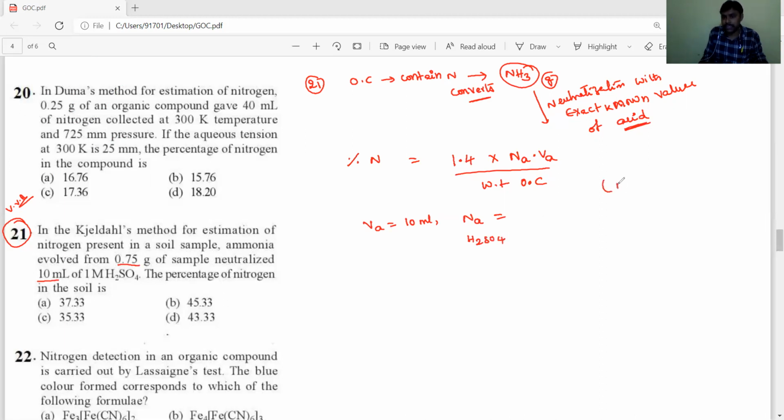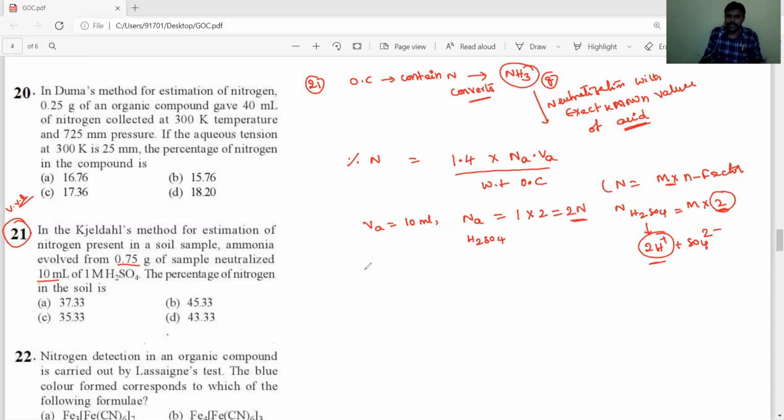We know very well, dear students, normality is equal to molarity into N factor. The normality of H2SO4 is molarity into 2, because H2SO4 in aqueous solution ionizes to give 2H+ ions and SO4 2-. That's why the N factor of H2SO4 is 2, and the normality is 1 into 2, which is 2 normal.